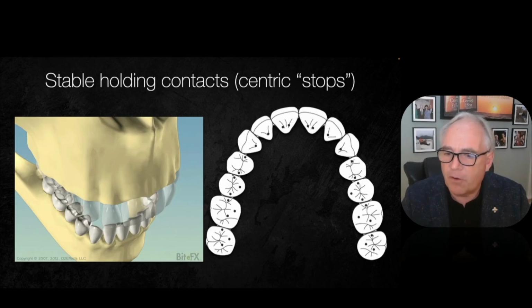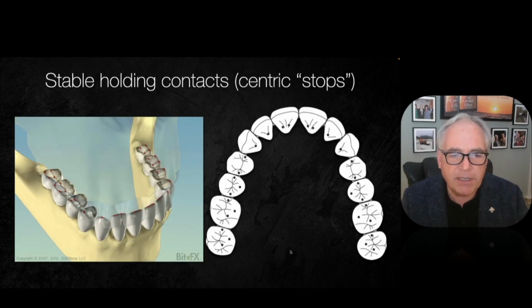The goal is for whatever force the patient can generate with their muscles, if we spread the contacts over the whole dentition and get cusp tips landing on flat surfaces, we will have a beautiful distribution of force throughout the mouth.